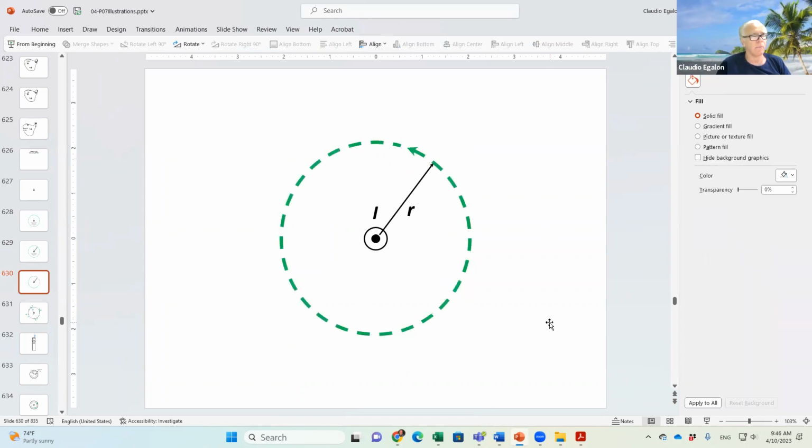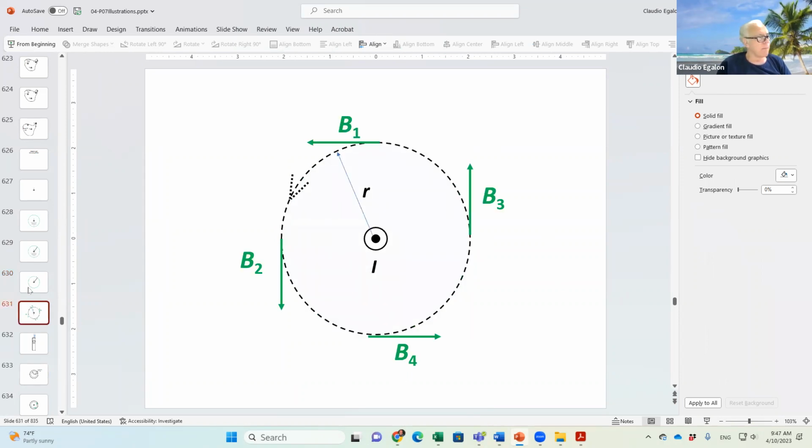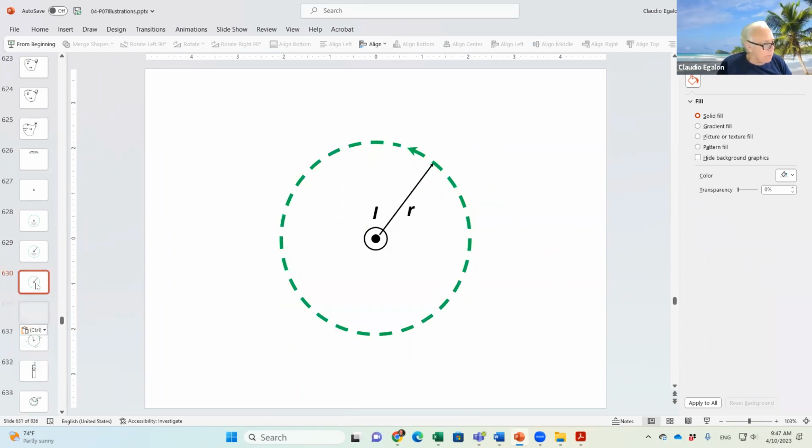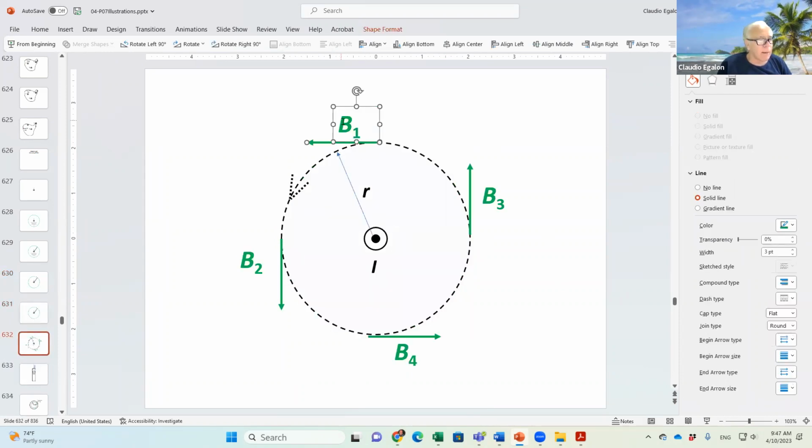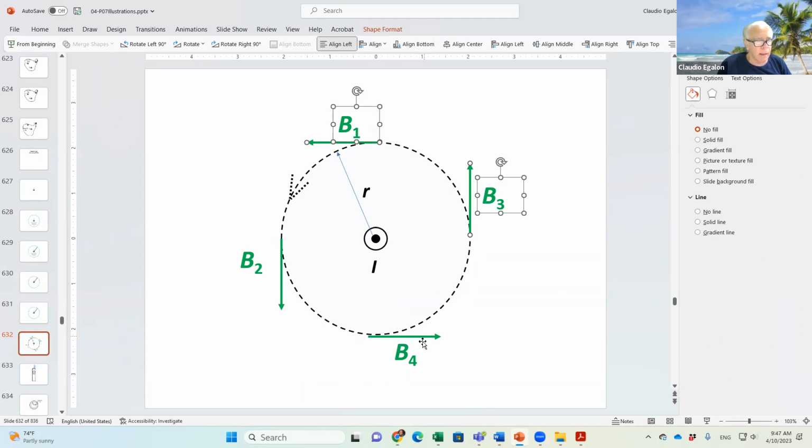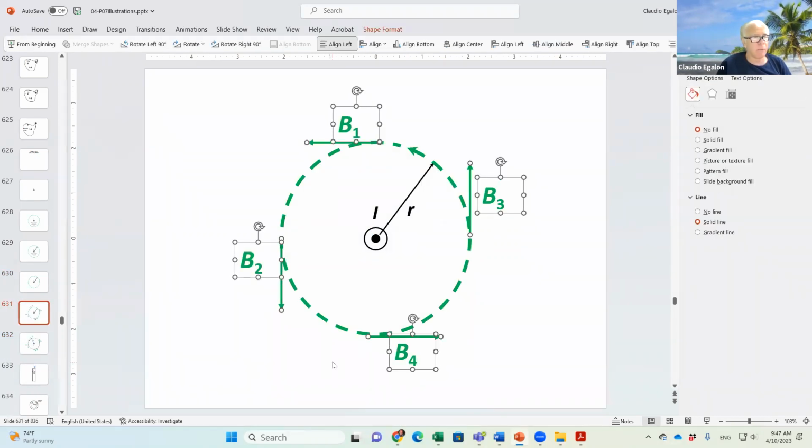Here you go. So you can see the arrow more clearly. The B field circulates around the wire, and that's what I mean by finding out in a qualitative fashion what would be the B field.